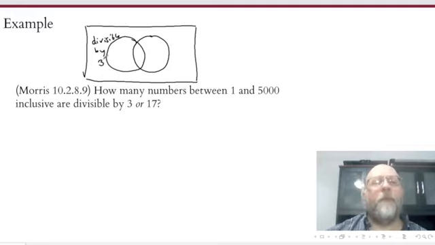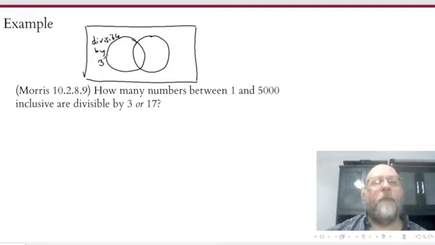So if we want to count all the numbers that are divisible by 3, those include 3, 6, 9, all the way up to 4998, which is the last number that's divisible by 3 in this list.